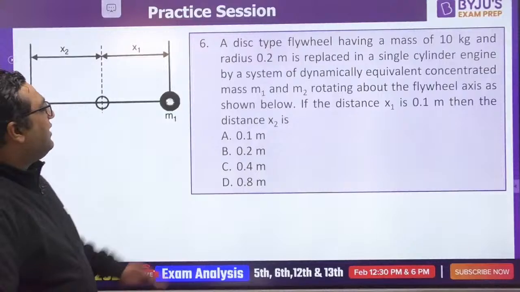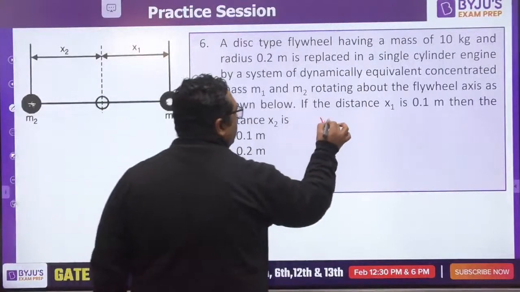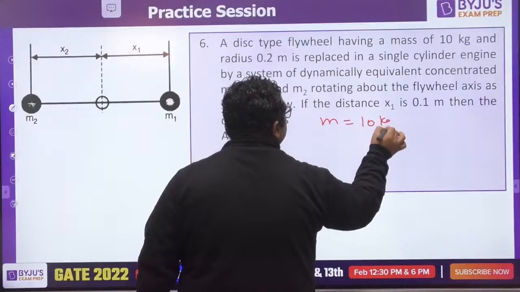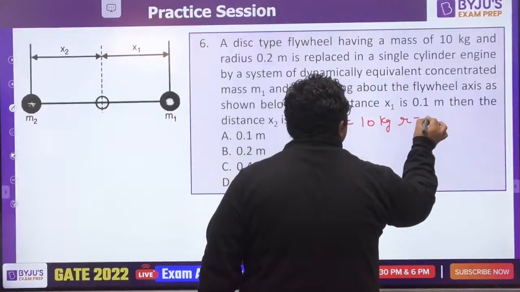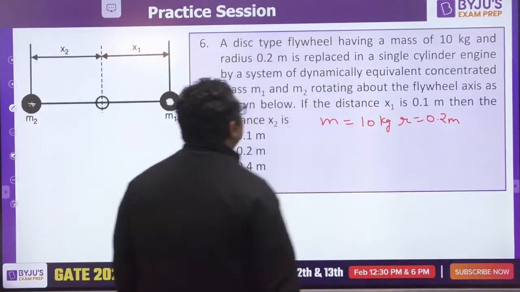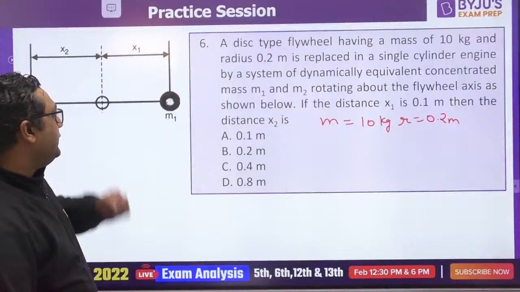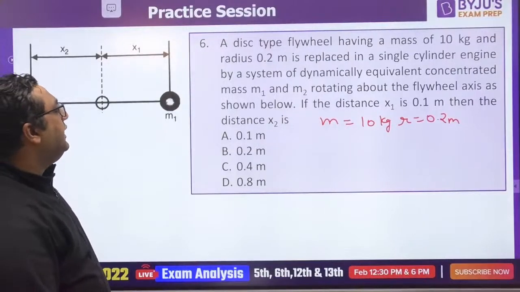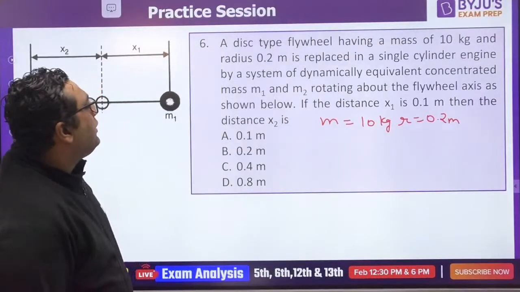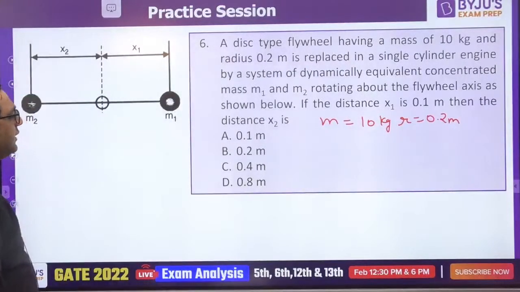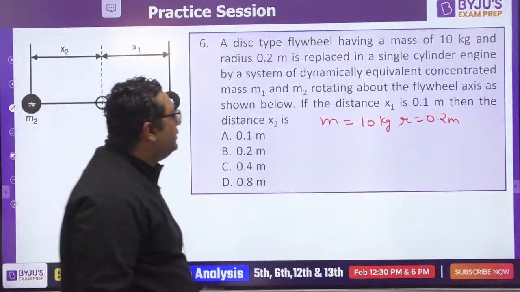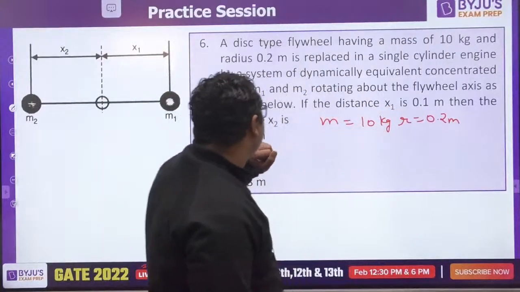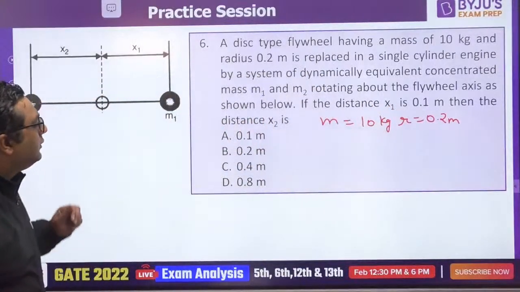A disc type flywheel having a mass of 10 kg and radius 0.2 meter is replaced in a single cylinder engine by the system of dynamically equivalent concentrated masses M1 and M2 rotating about the flywheel axis as shown in the figure. These are M1, M2. The distances are x1, x2. Okay, and they are saying that if distance x1 is 0.1 meter, x2 is, they are asking.